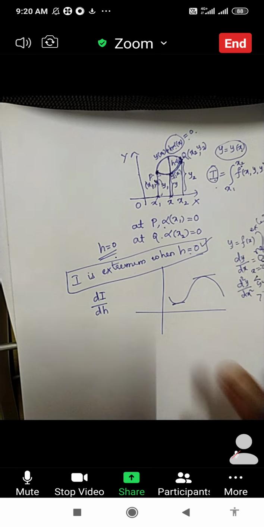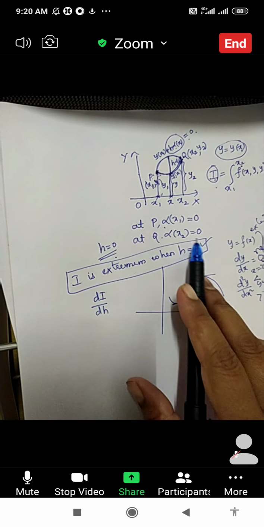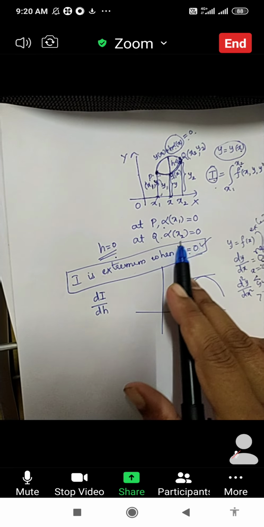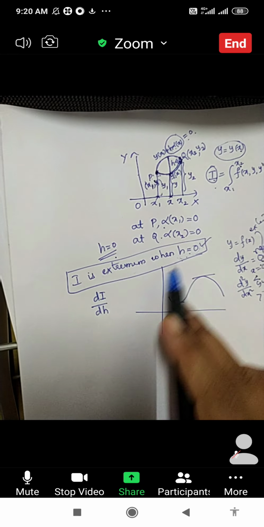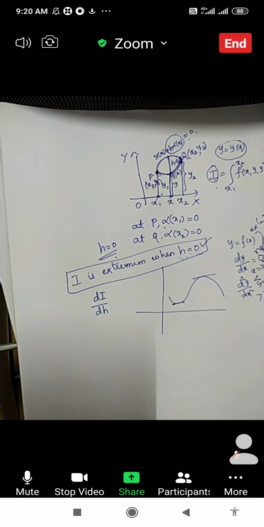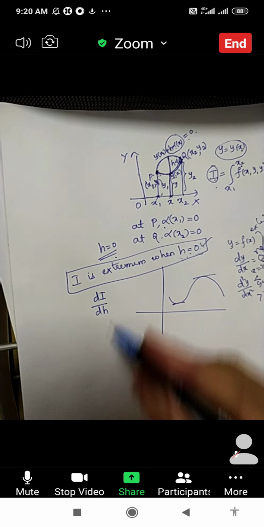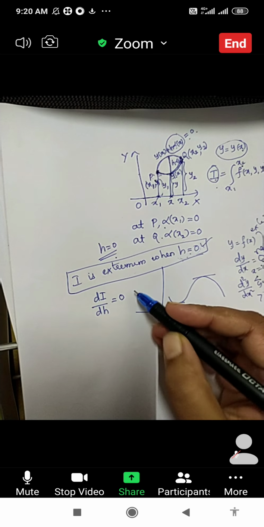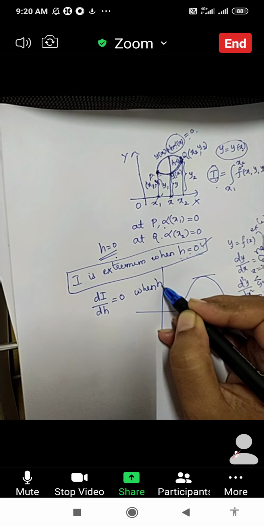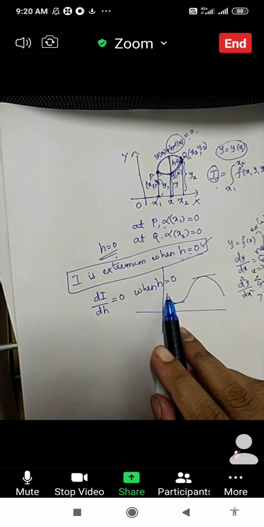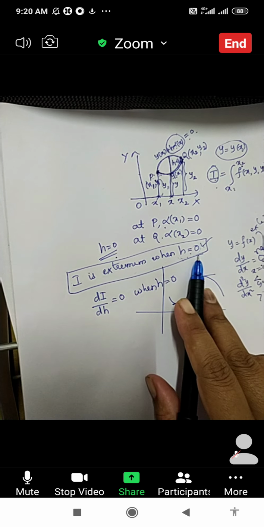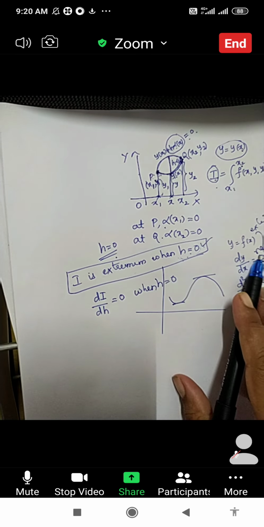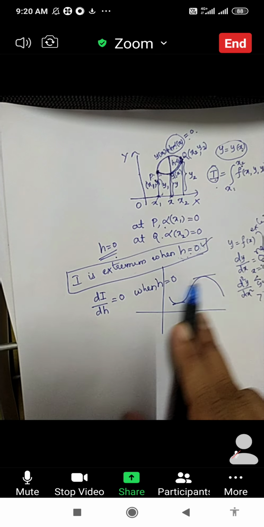Correct? Now what we are saying, we have got a critical point. At this critical point, what should be the value of di by dh? 0. Correct? So from this we'll get that di by dh equal to 0 when h equal to 0, because this is a critical point. Critical point we get by equating the first order derivative to 0.